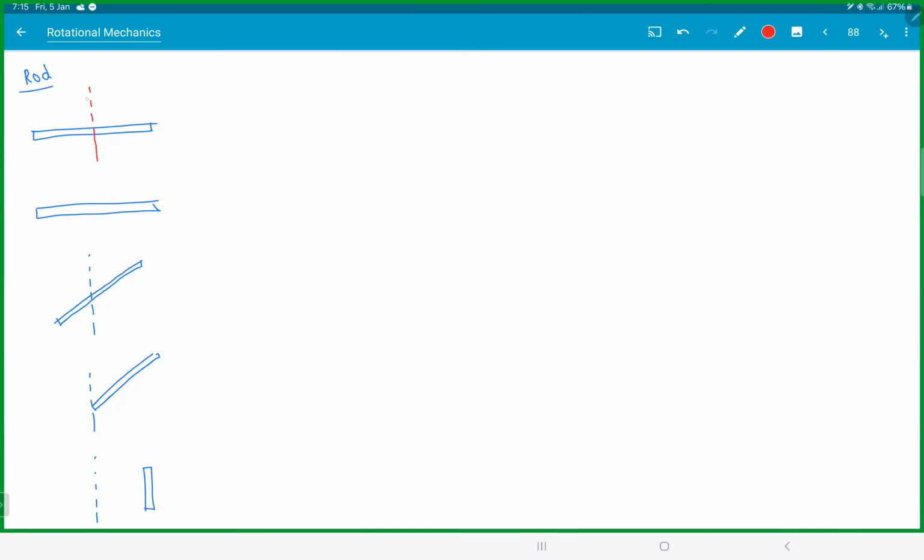The moment of inertia about the central axis was ml square by 12.